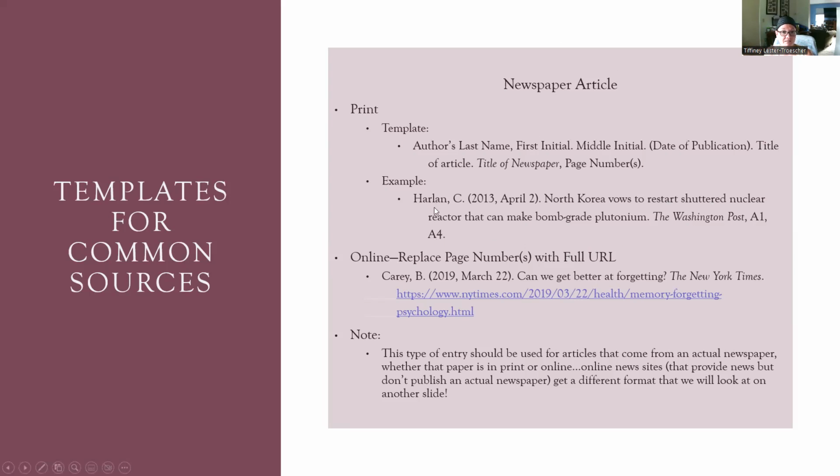So I know that whoever is using this as their source, they read the actual paper. This particular article was found on section A1, and then it continued. It's A1, comma, A4. So I know that means it starts on page A1 and finishes on page A4.